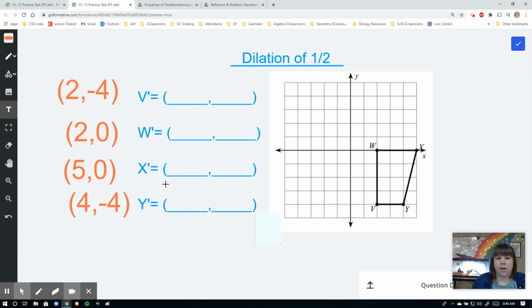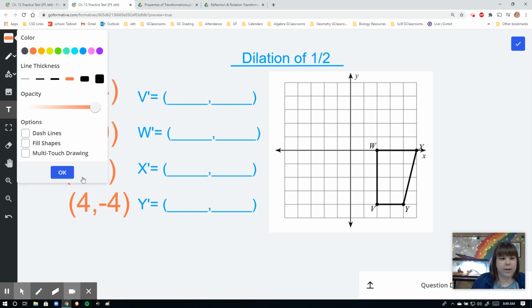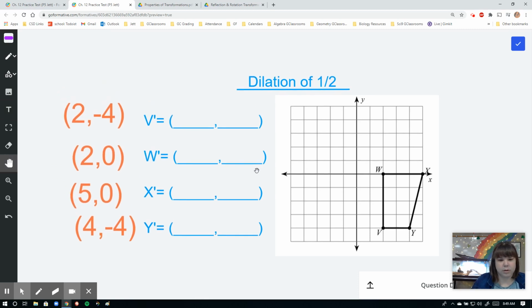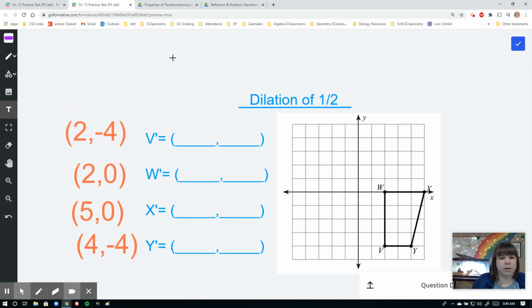Okay. So for this rule, we need to multiply each of them by 1/2. So if we were going to write out our plan of what we're going to do, I'll write it right up here.